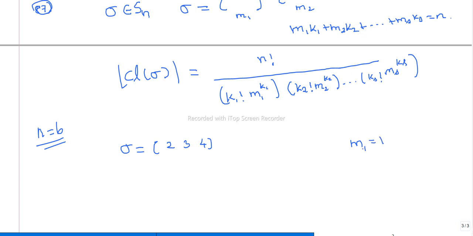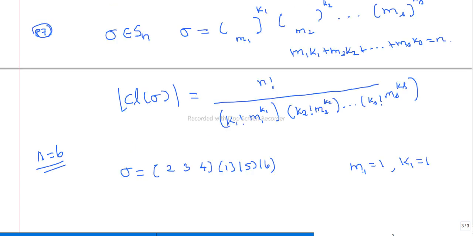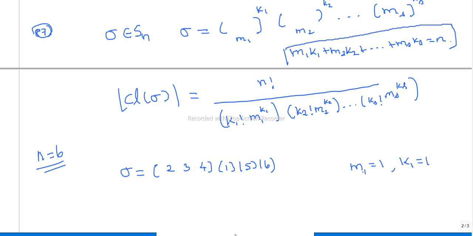We have only one 3-cycle, and all others are 1-cycles. The remaining elements are 1, 5 and 6, which are 1-cycles. This satisfies the condition that the sum of the products should be n.